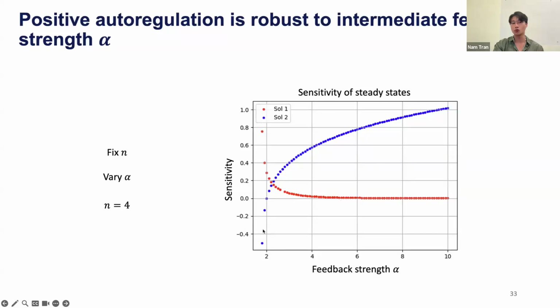For blue, it is really sensitive for small alpha, and it's also really sensitive for large alpha. So collectively, as a system, if you want it to be robust, you need both of the solutions to be robust. And so they're only really robust in the middle, and therefore it is robust as a system as a whole. This circuit is robust to intermediate alpha, just in the middle.